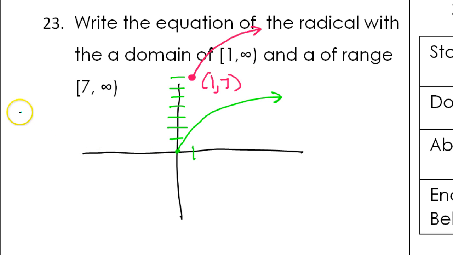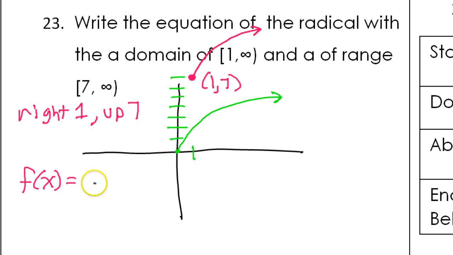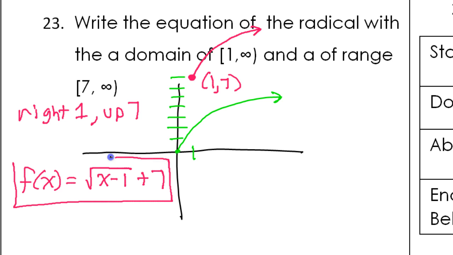So let me write that down. It's got to be right 1 and up 7. To go right 1, we need the square root of x minus 1. And to go up 7, I need a plus 7 on the end. So this would be the answer to number 23.